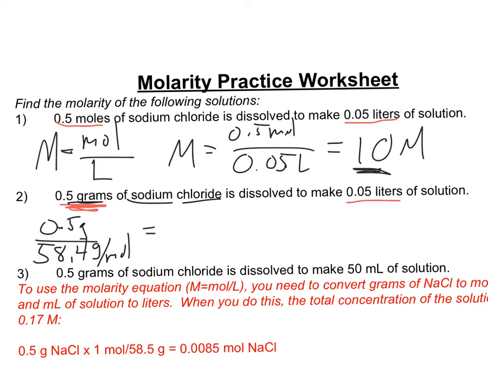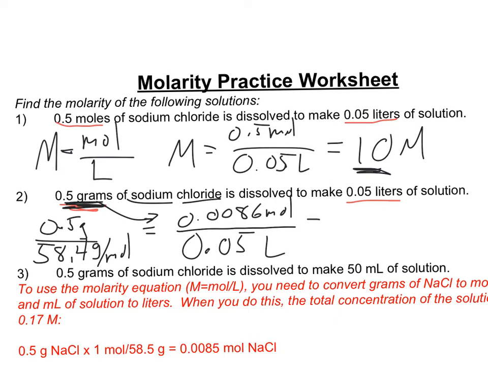So the first step is converting the grams that you were given to moles, and that comes out to 0.0086 moles. Okay, so 0.5 grams is equal to 0.0086 moles. And we were given the volume in liters, so we just plug that 0.05 liters into the denominator.